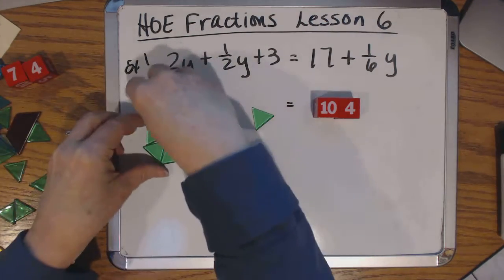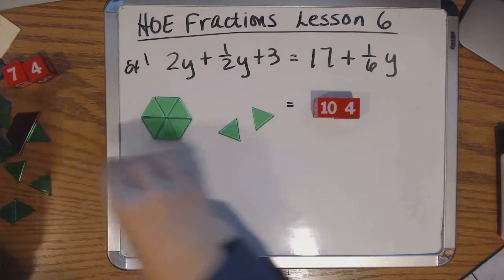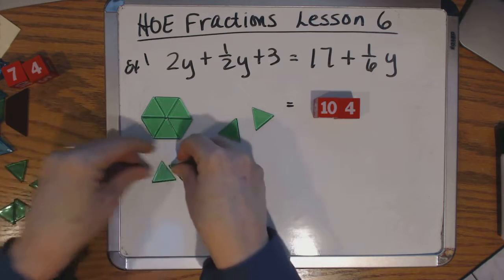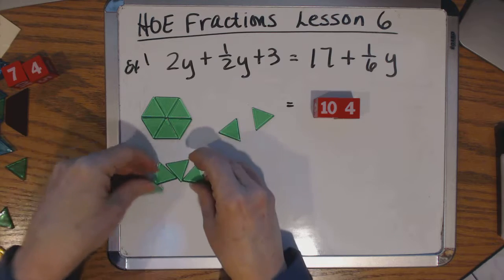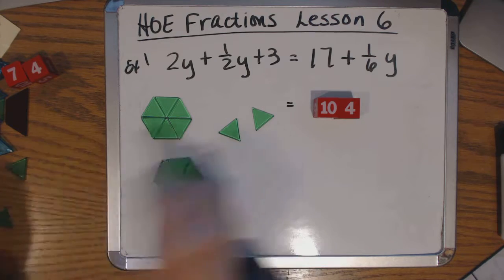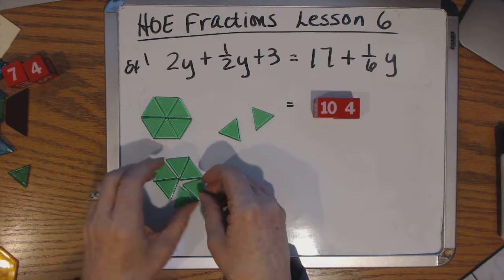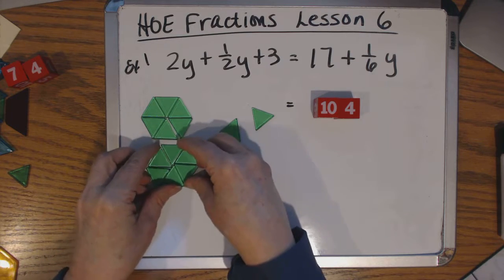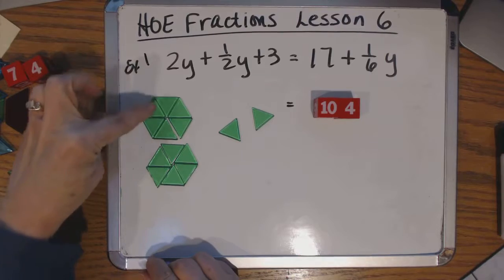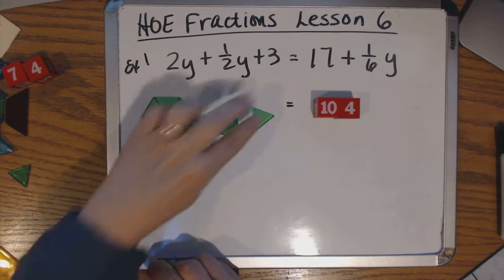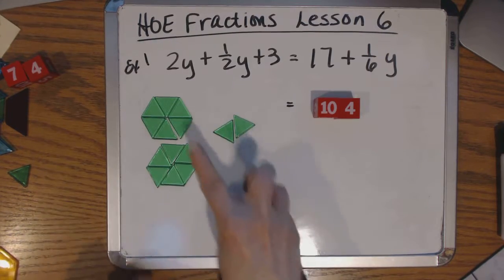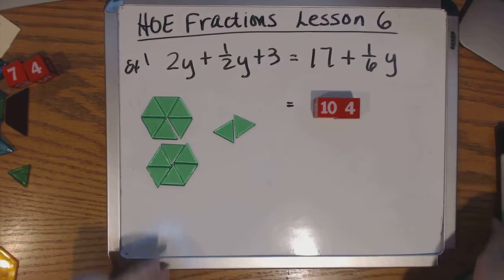I could say, there's one y, and here's another y, and make them all 6s so that I can easily imagine how to divide those up. So those 2 y's now become 6 plus 6, plus 2 more. So now I have 14 6ths equal to 14.